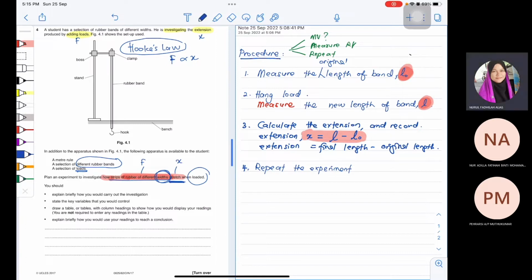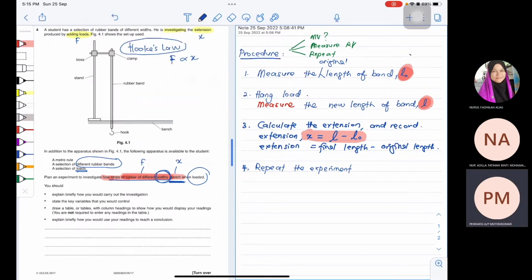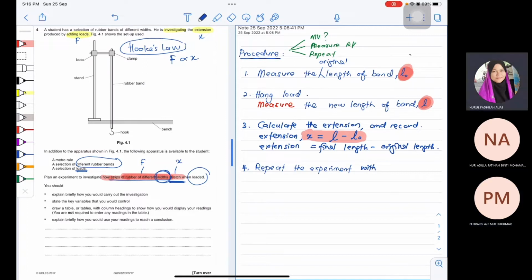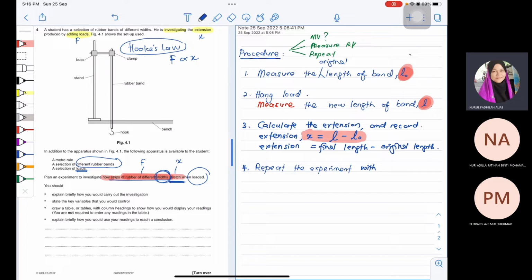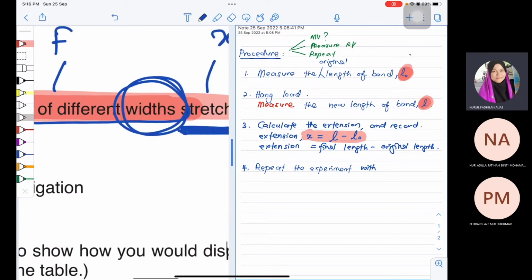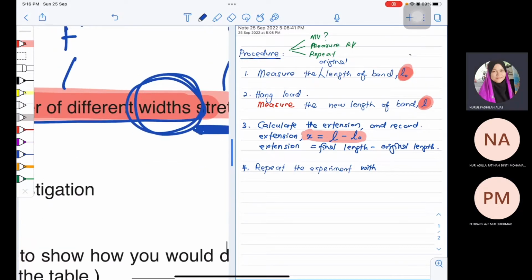What changes do you make? Repeat the experiment with different weights. Look at the question. What does the question want? With different what? It's stated there. Different weights. So you have to fulfill what the question wants.